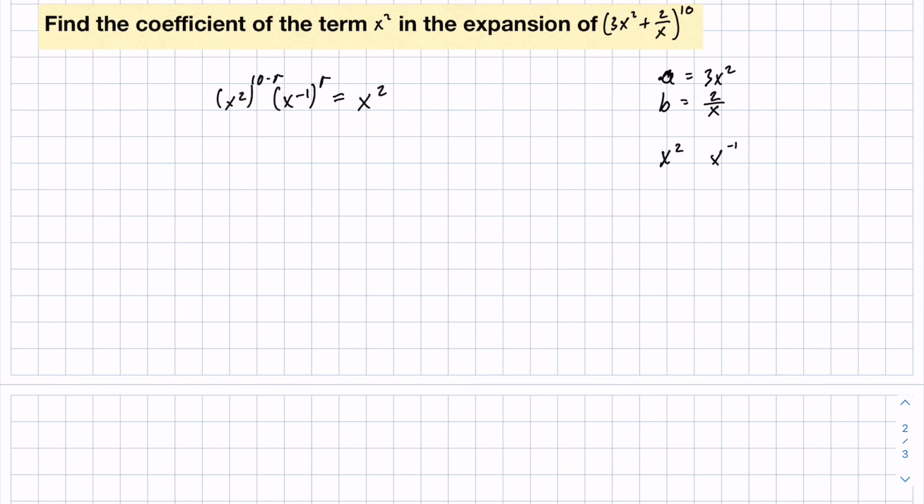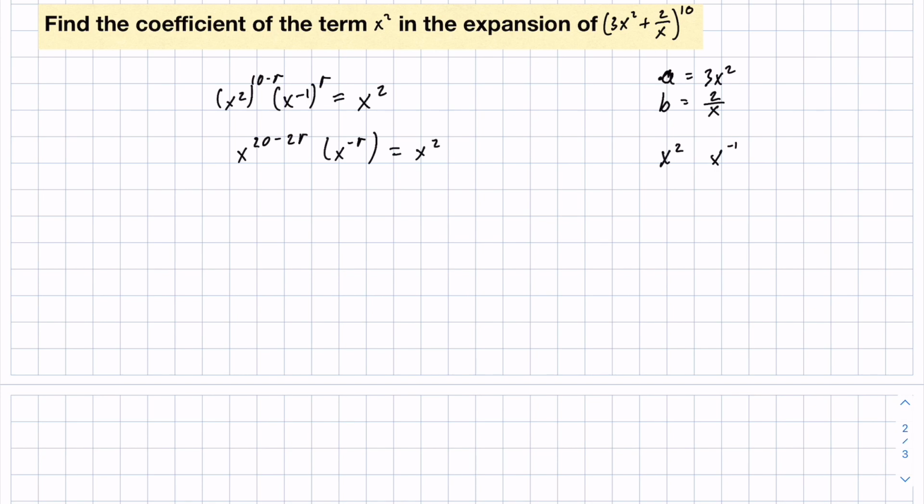I'm going to simplify this entire mess, so it's going to be x to the 20 minus 2r times x to the negative r, and that's going to be equal to x squared. To solve this, you're going to have to use some exponent rules. Since we're multiplying these two things, we're basically going to add the exponents.